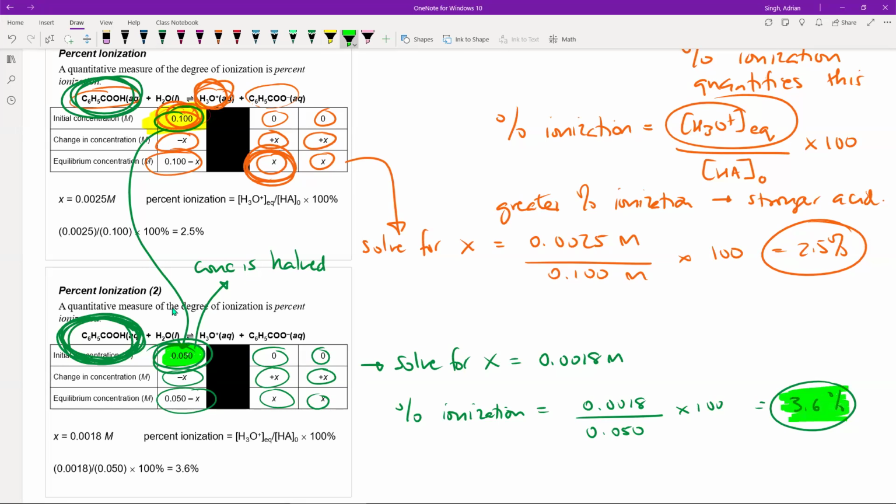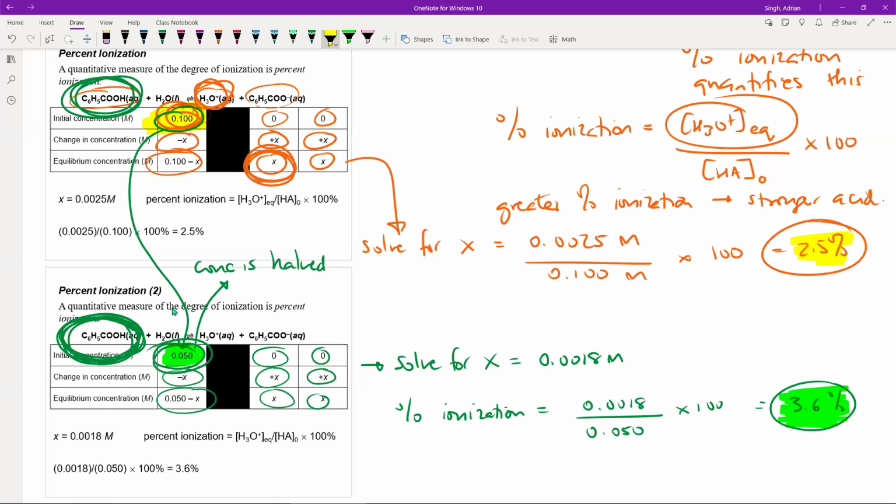So the smaller concentration actually has a higher percent ionization compared to the higher concentration that has a lower percent ionization. And this goes all the way back to calculating the reaction quotient and comparing it to Ka. We're not going to go through that process right now, but you could do that in both of these examples and see why the percent ionization increases, why in the second example the equilibrium lies to the right compared to the one above.